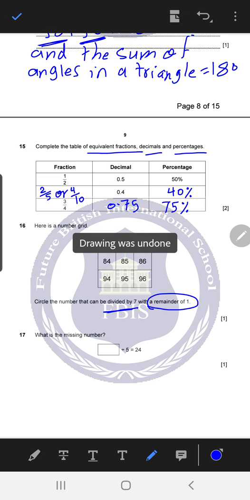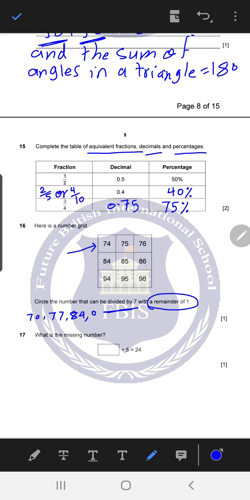The smallest is this number. If you know the times table of 7, 7 by 10 is 70. We will write here 70, then we add 7 each time: 77, 84, 91, 98, and that's it.